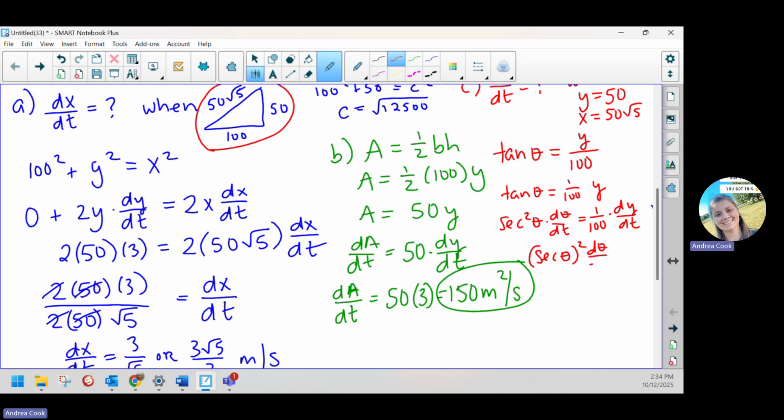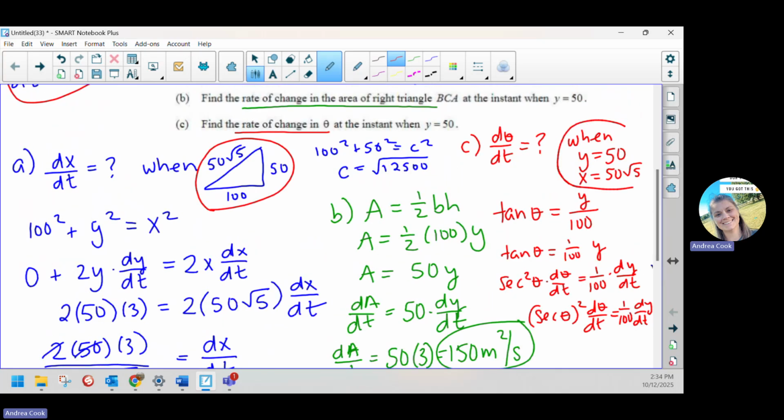We're looking for d theta over dt and dy over dt. Sorry, I'm running out of space here. So we have to go back to this when here, which is this picture. So theta is right here.